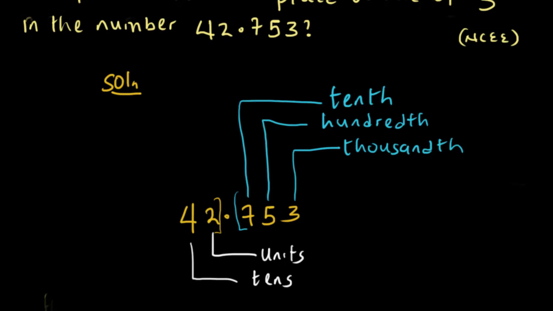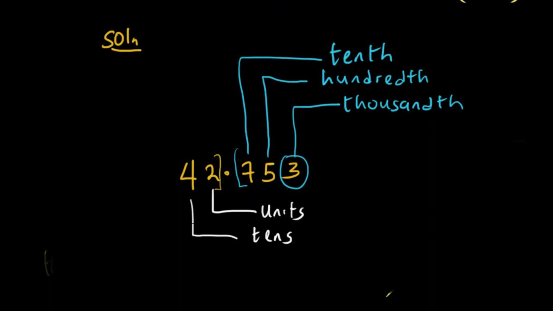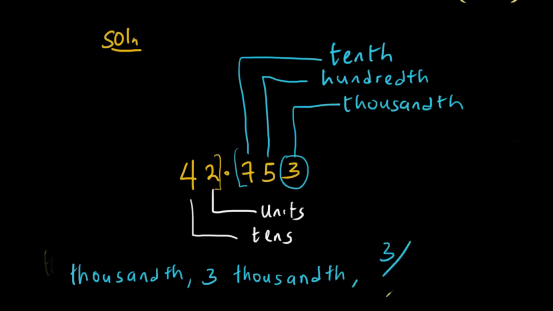So we are told, what's the place value of 3? 3 is what? Thousandths. So we write the answer is thousandths, or 3 thousandths, or 3 over 1,000. I hope you know what we did. We turned them to zeros. Do you understand? So we have 1, 2, 3. 3 over 1,000. Does this make sense? Alright.